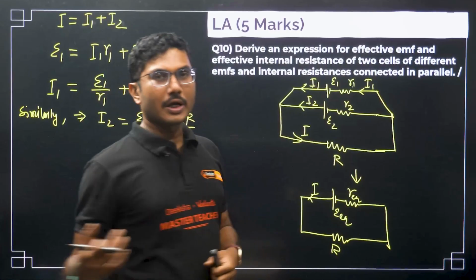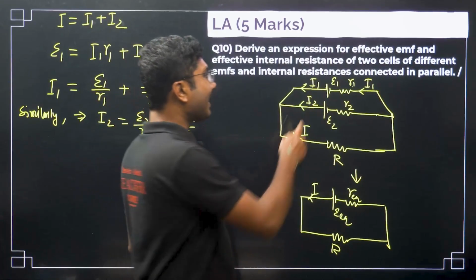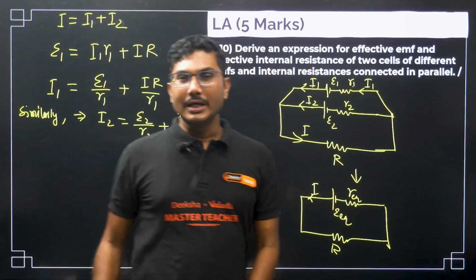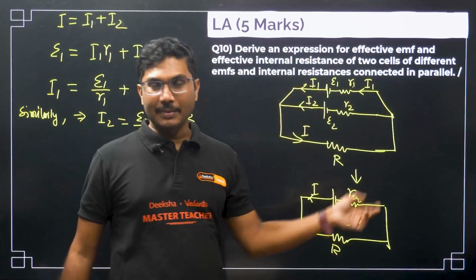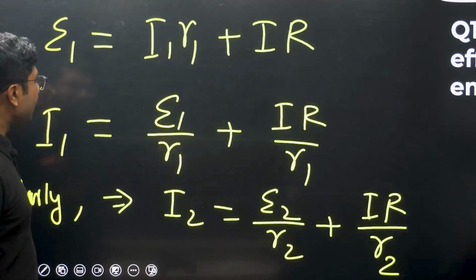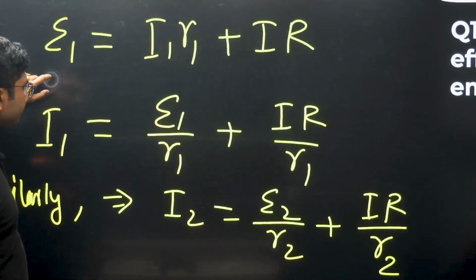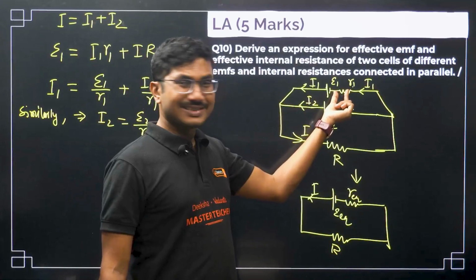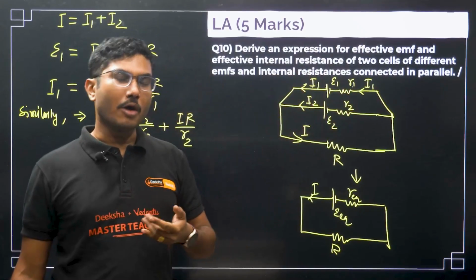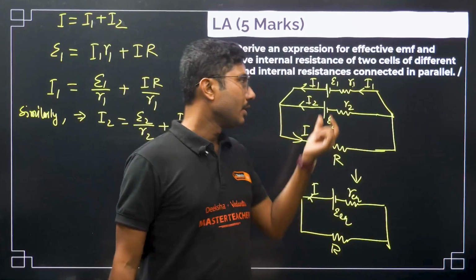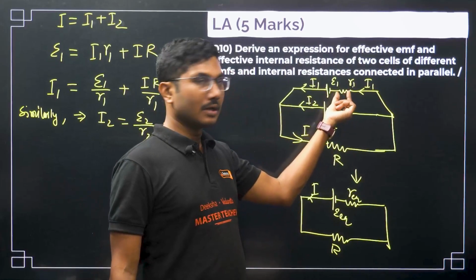According to Kirchhoff's voltage law, if the current is going in the direction of the cell, then the EMF of the cell equals the voltage drop across this resistance. How to calculate voltage drop? Ohm's law, I into R. Voltage drop is I into R. So here I1 R1, right?